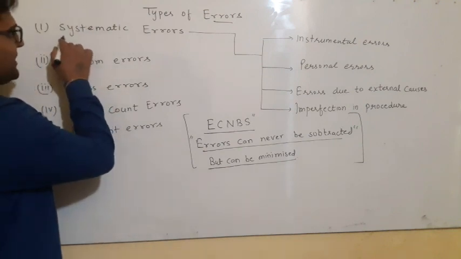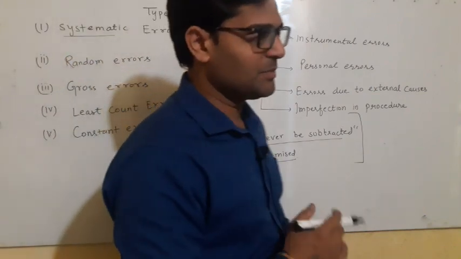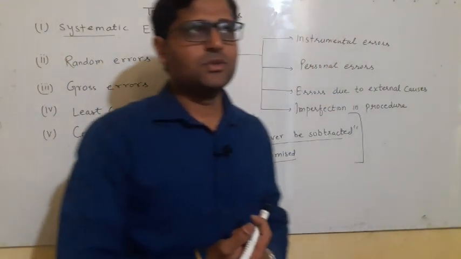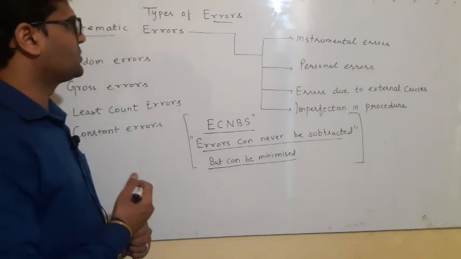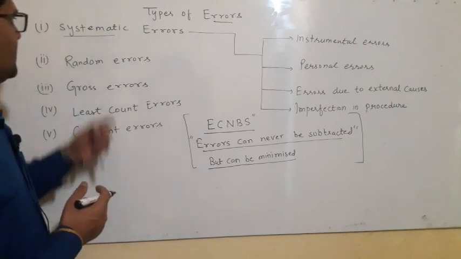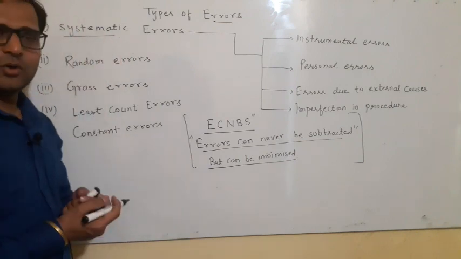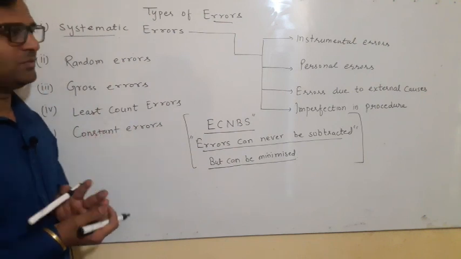One is systematic error. What is a systematic error? Systematic error basically comes into existence due to some technical problems or some personal mistakes. These are either positive or negative.